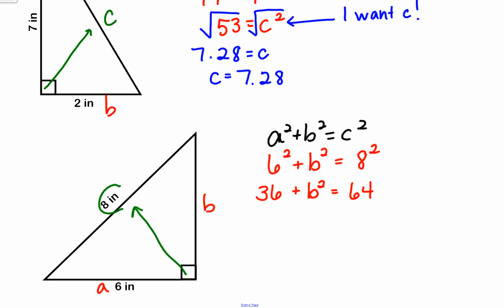And now I need to get b squared by itself. I need to isolate it. So I will subtract 36 from each side, and I'll get that b squared is equal to, not 18, sorry, 28.